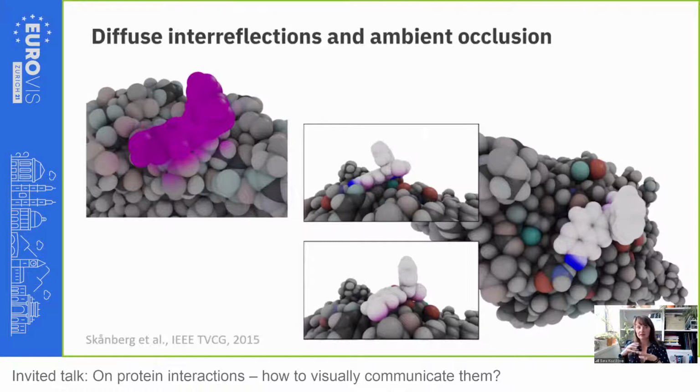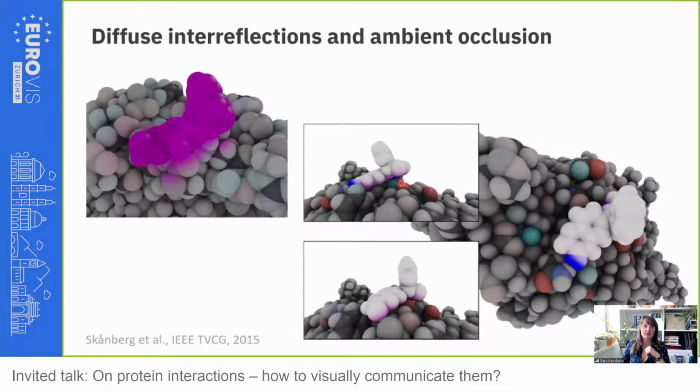Going a bit in the direction of utilizing techniques from computer graphics in molecular visualization, and looking at the interaction of a ligand with protein from a slightly different perspective. This was the work, again of Robin Skonberg and his colleagues, in 2015. This time they were using diffuse interreflections and the ambient occlusion technique to highlight how and where the ligand is interacting with the protein itself, with its atoms.